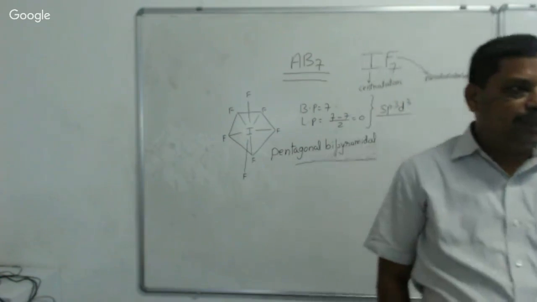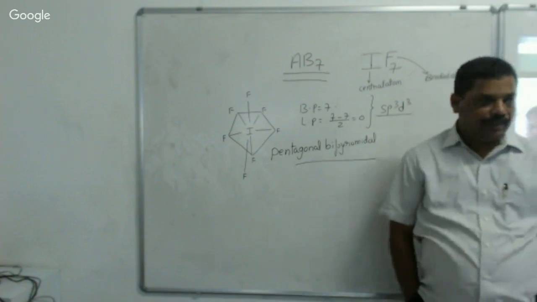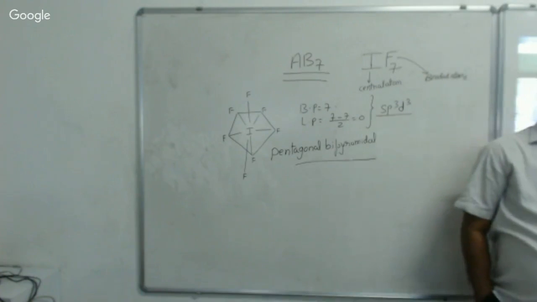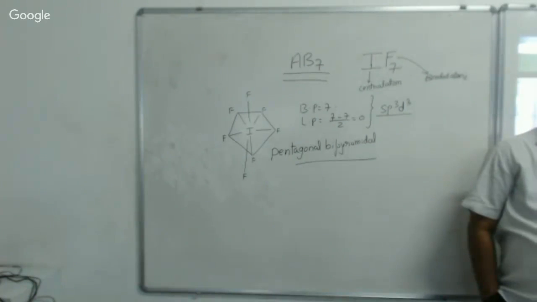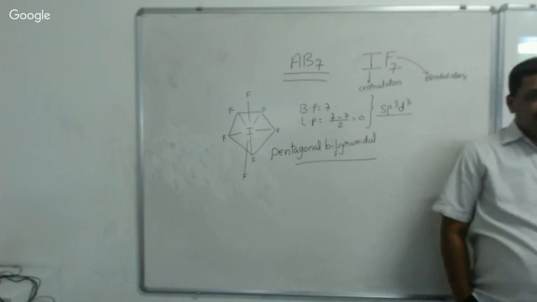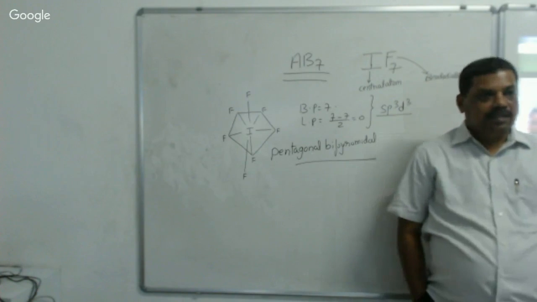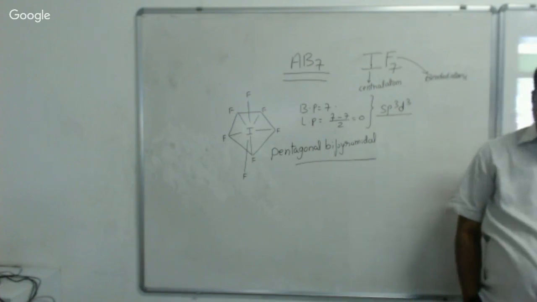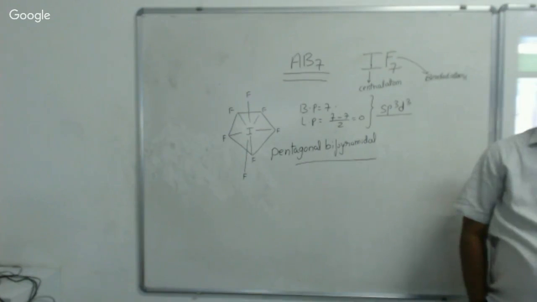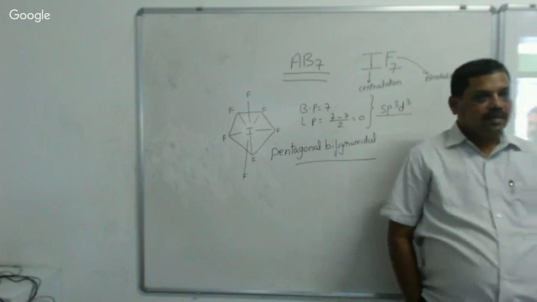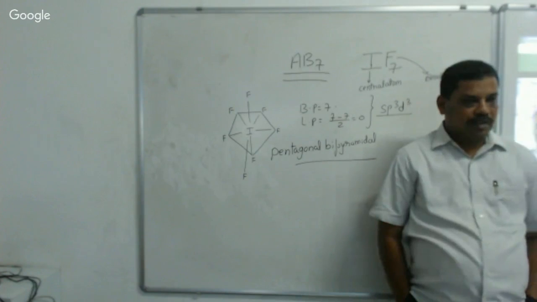Then what happened to the bond polarity, the dipole moment, and water solubility? All these we also discussed. HF is the most polar because fluorine is more electronegative. HI is least polar.